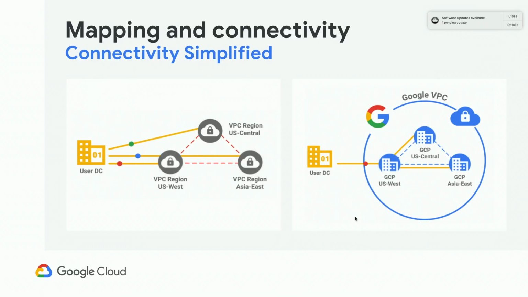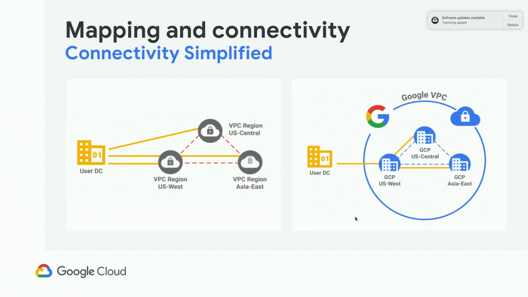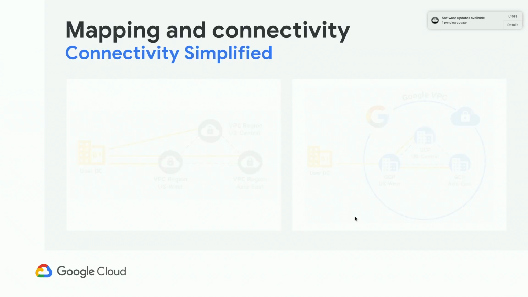Now, let's look at the approach that Google Cloud is taking for Google VPC. In contrast, you can see that for the same deployments in US West, US Central, and Asia East, you just configure a single VPC. In doing so, you get private connectivity through the Google backbone. You utilize that connectivity for privately connecting the deployments and the workloads across your regions without having to get any external private connectivity.